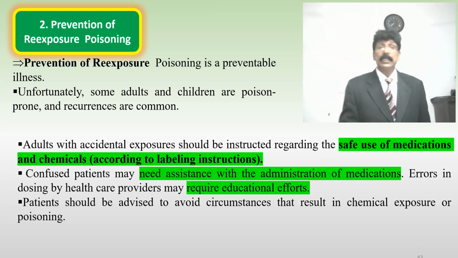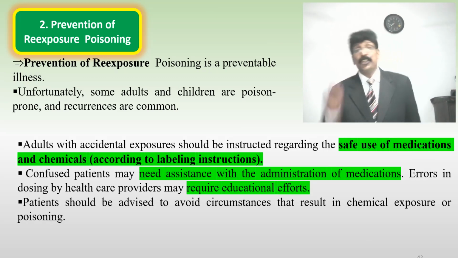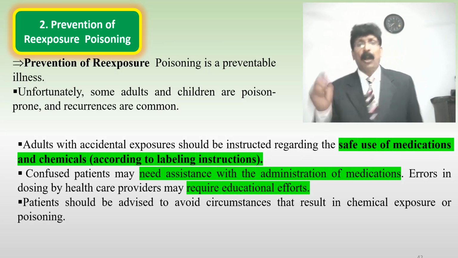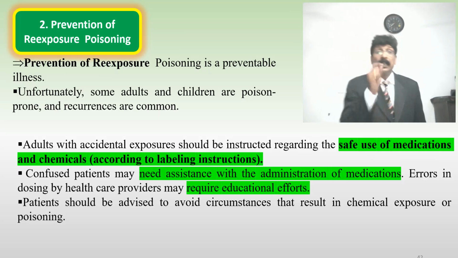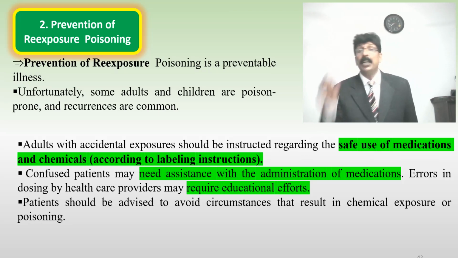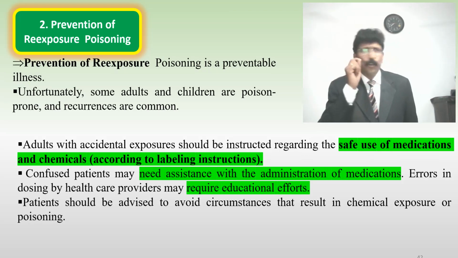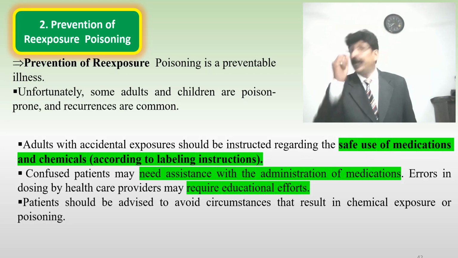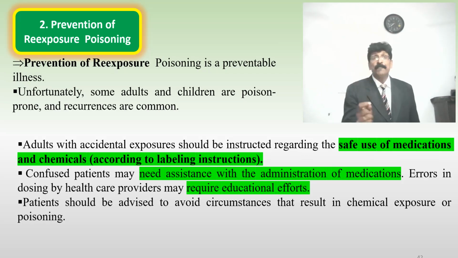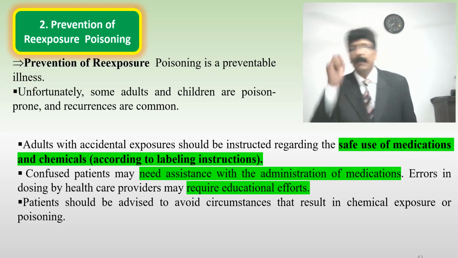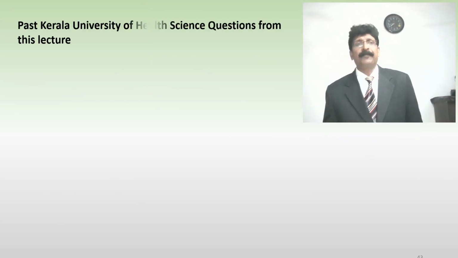So an adult with accidental exposure should be instructed regarding the safe use of medication and chemicals according to the labeling instructions, and confused patients may need assistance. Pharmacists should assist with the administration of medication. Errors in dosing also should be advised properly by the healthcare provider, that means the pharmacist, and may require educational efforts. Patients should be advised to avoid circumstances that result in chemical exposure or poisoning.